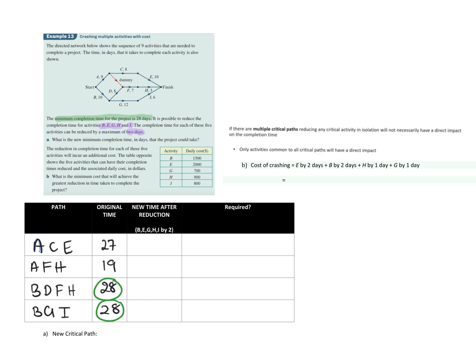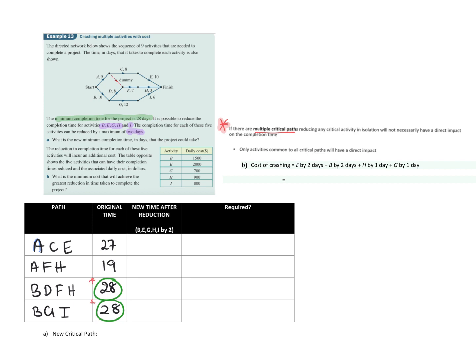We actually have 2 critical paths. Okay, originally there's 2 critical paths. So way back when we first started talking about these crashing questions, we had this little note up here, and so I've brought it back into this one to remind us. So it says if there's multiple critical paths, and we do have multiple critical paths here. See how we've got 2?